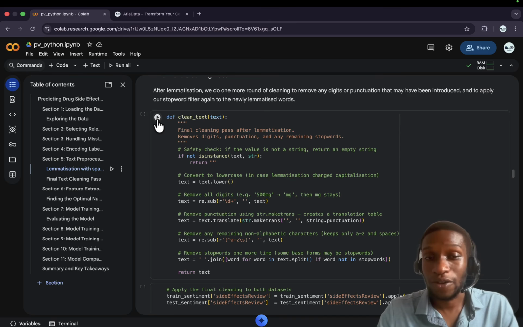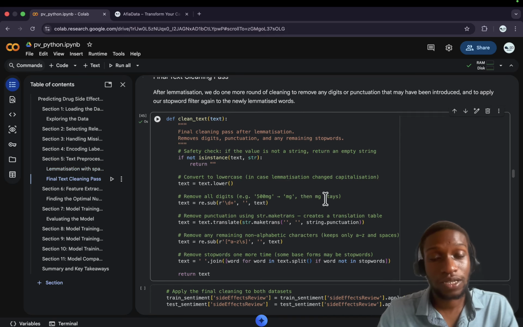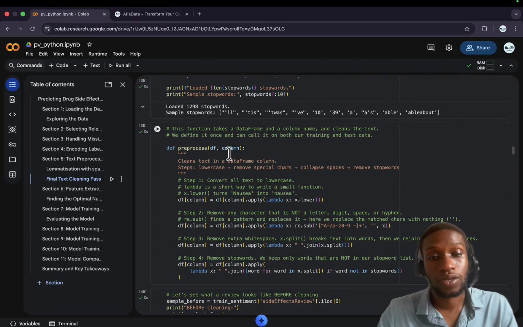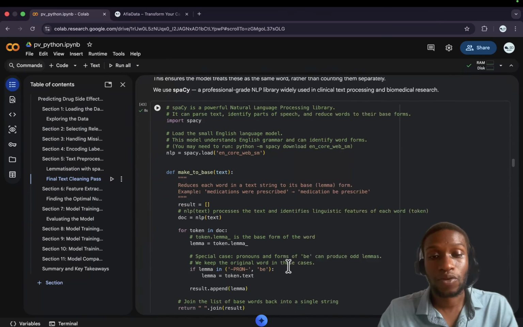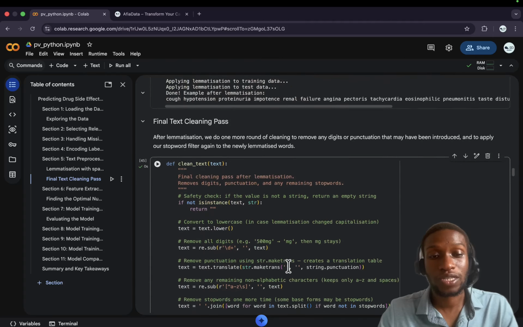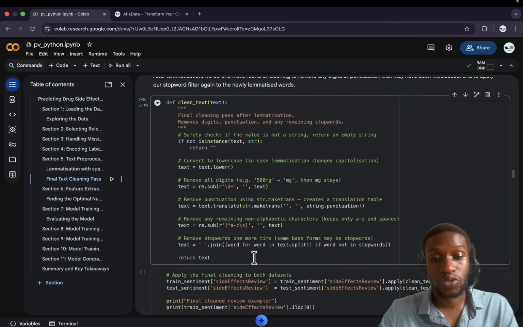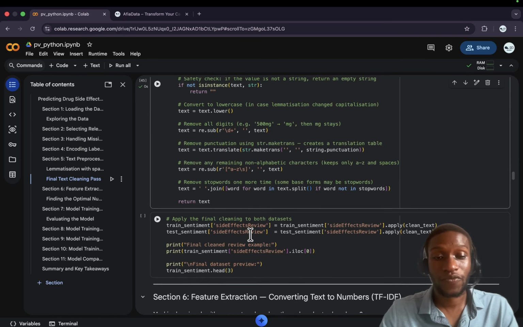So we create another function called clean text. So if I just go up, you will see that we had this function here called preprocessing, and it does its work. But over here now we have another function called clean text that also helps us do some cleaning. So the steps are laid out over here, like turning it into lowercase, removing digits, punctuation. So another extra step of cleaning.